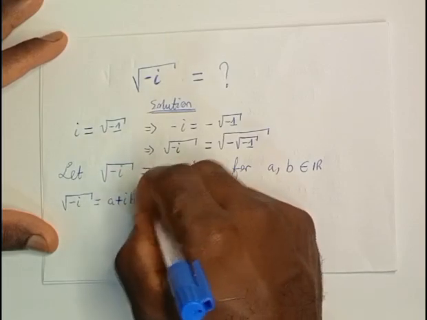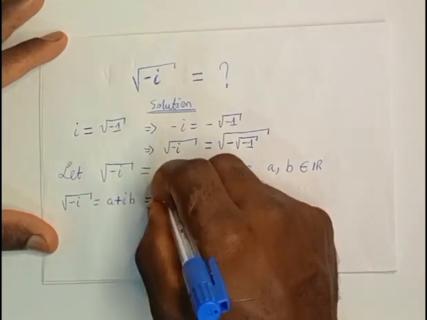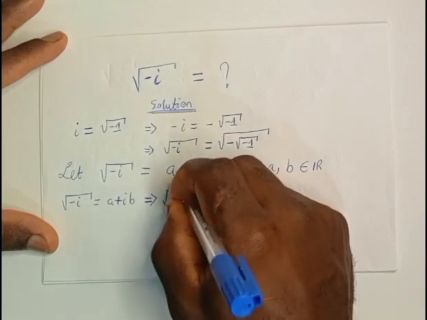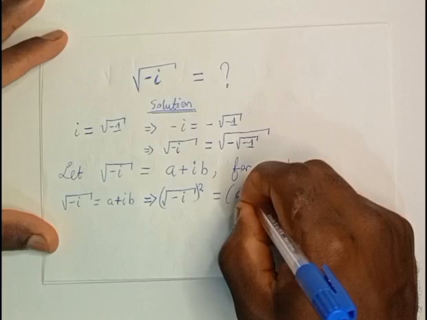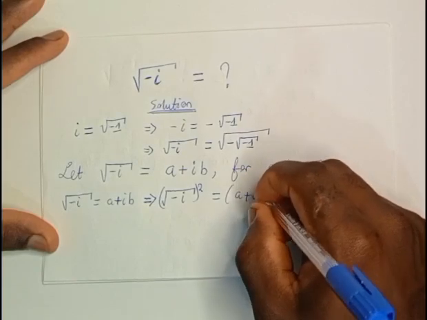The square root of negative i equal to a plus ib will imply that if we square both sides, the square root of negative i squared will be equal to a plus ib squared.